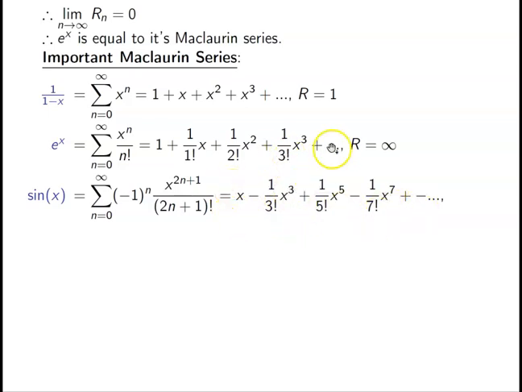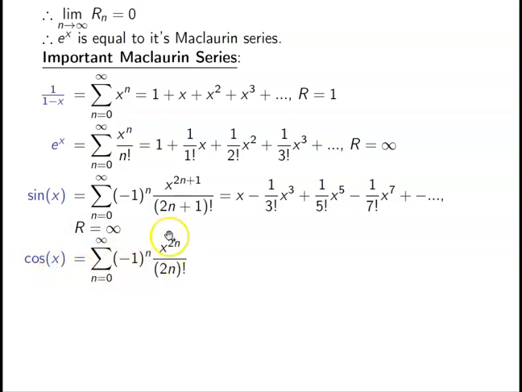So powers of 1, 3, 5, 7, 9, 11, etc. And we're alternating in sign. This should make sense to you why sine is an odd function. We only have the odd powers, so this is an odd polynomial. So it makes sense why sine is an odd function. This converges for infinity, over the whole function.